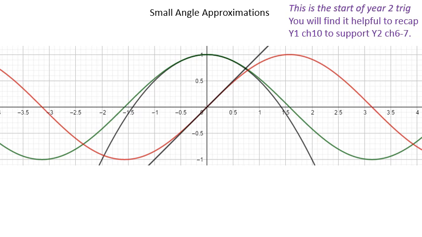Here's a few more. You'll notice that if you zoom in on the sine graph, very close to x equals 0, you find that it looks a lot like a straight line. In fact, that's one of the simplest ones we can look at. The tan graph does a similar thing. You can't see the tan graph on here, but if you were to draw it, because tan is sine over cos, sine is 0 when x is 0, and cos is 1 when x is 0.